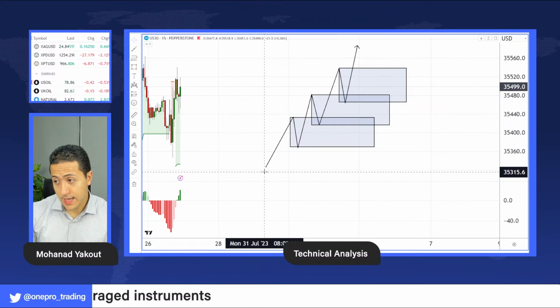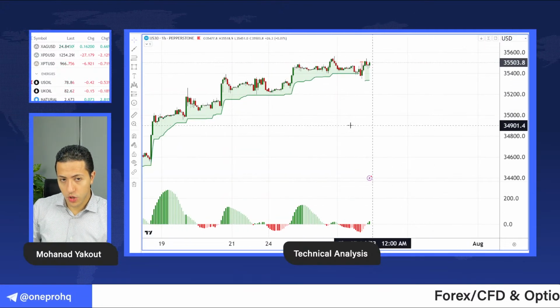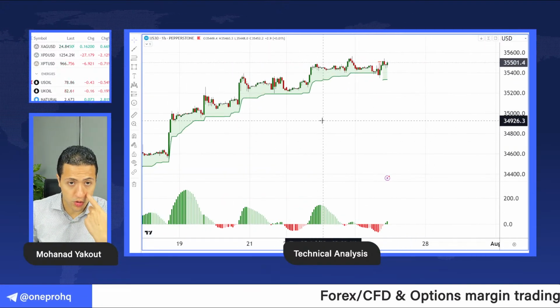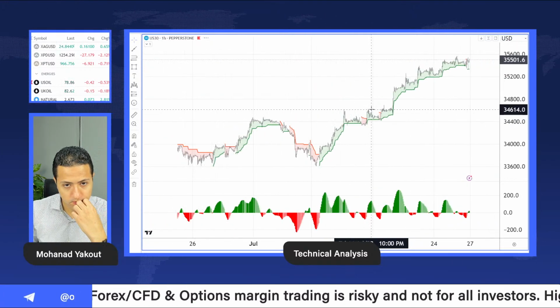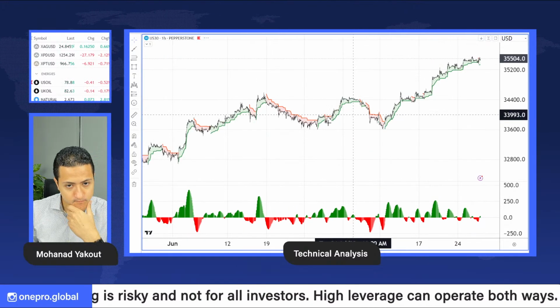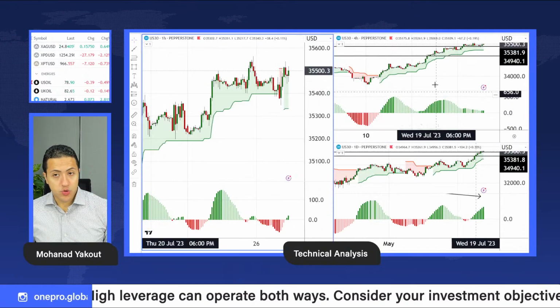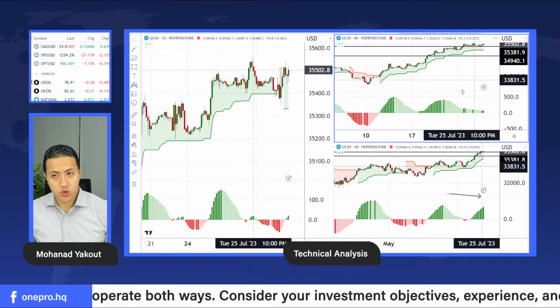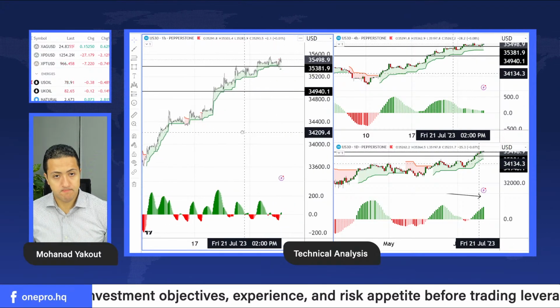However, if you follow a weak trend, you will lose because it will reverse sooner or later. So that's for the Dow Jones, and that's why I'm telling you I'll be waiting to short the Dow Jones.